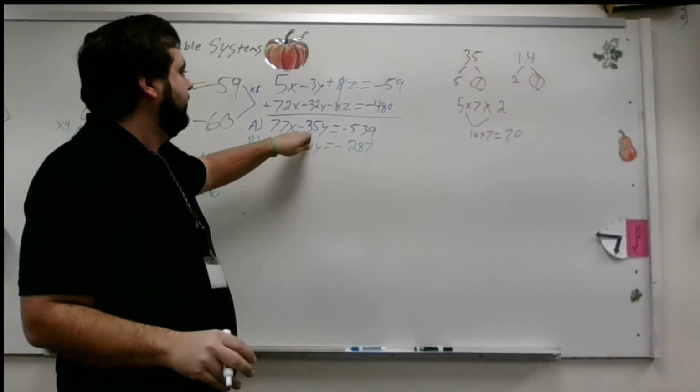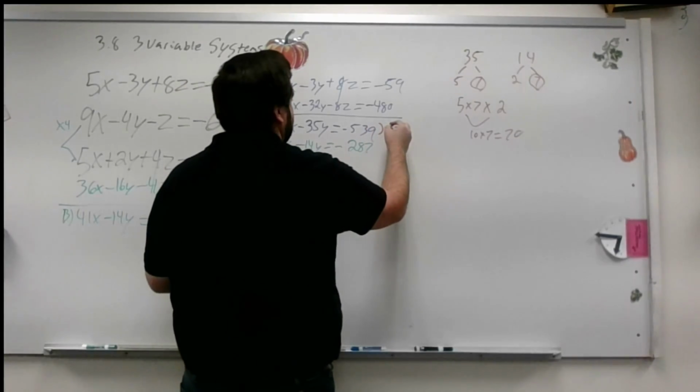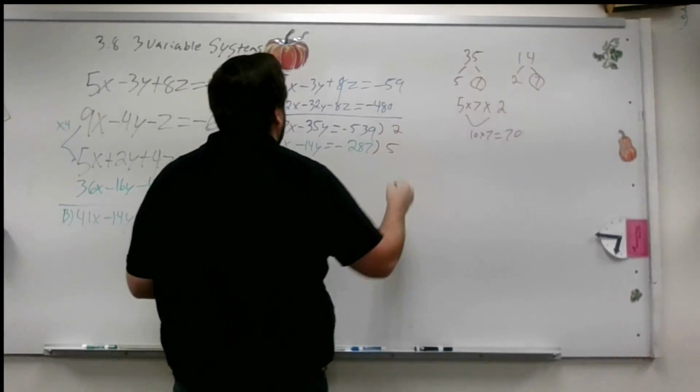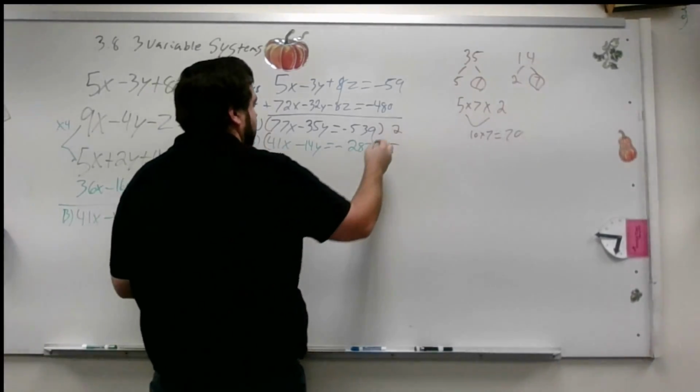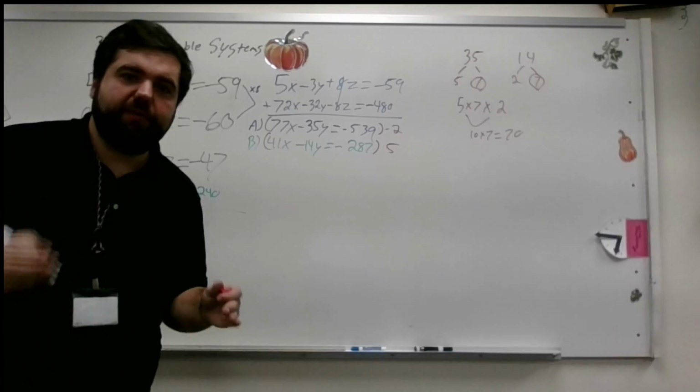So, how do I get that? Multiply this by 2. Multiply this by 5. And I'm going to make that negative, because I have to make one of them negative.